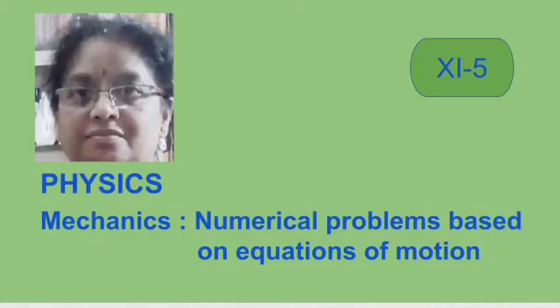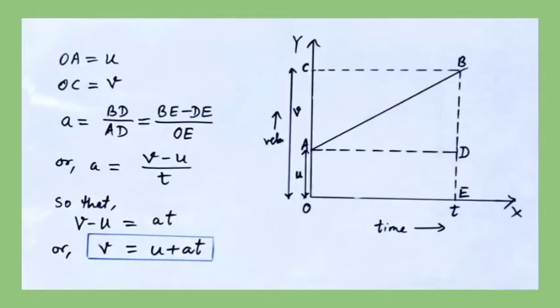Now we will derive the equations of uniformly accelerated motion using the velocity-time graph as seen on the screen. Here OA is equal to u, the initial velocity. OC is equal to v, the final velocity at time t. a is the uniform acceleration, which is equal to the slope of the velocity-time graph, that is BD by AD.